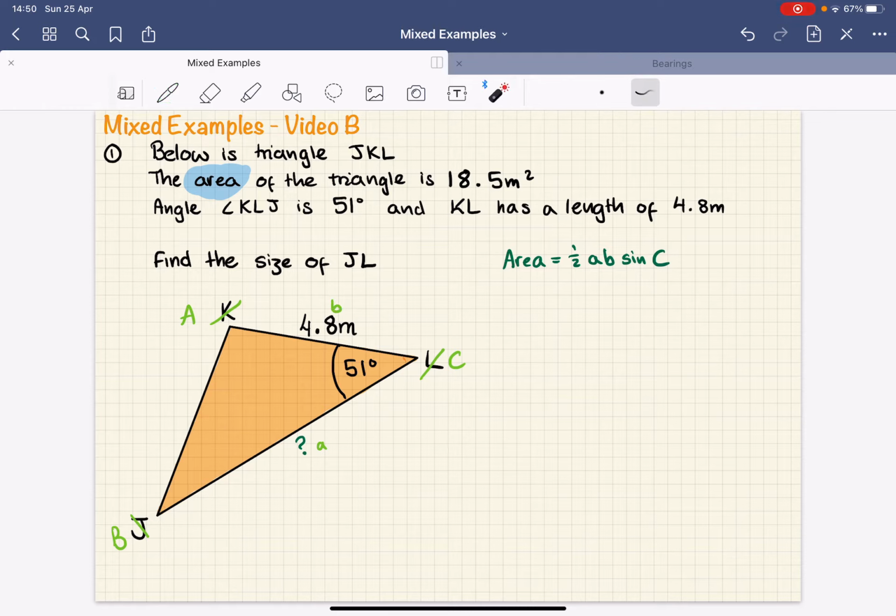So I'm going to rearrange this formula in order to get the A as the subject. To start off with, deal with that fraction. I'm going to times by 2 on both sides.